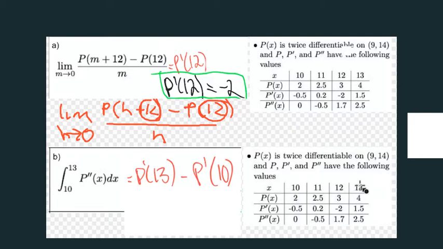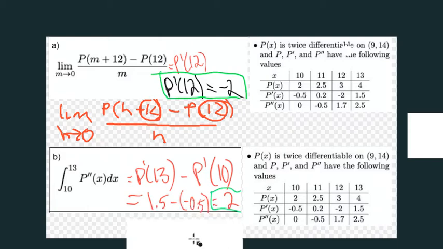At 13, p prime is 1.5. So I can just do 1.5 minus negative 0.5 and I get 2. That's what it means. The area under the curve of p double prime is how much the y value on p prime is changing by. That idea is so important.